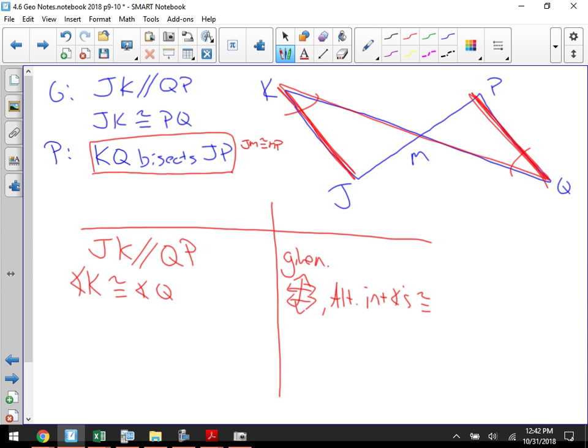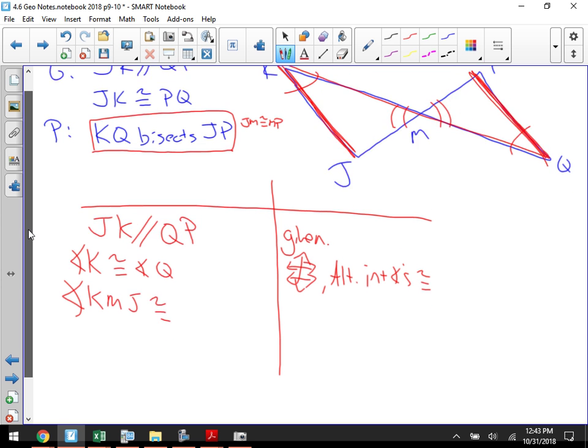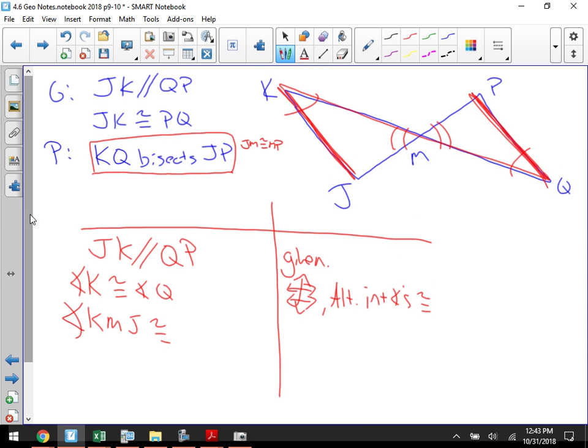All right, so if we do vertical angles, everybody agrees that we see that right now. If I say angle KMJ, what would have to be the corresponding correct lettering to KMJ?